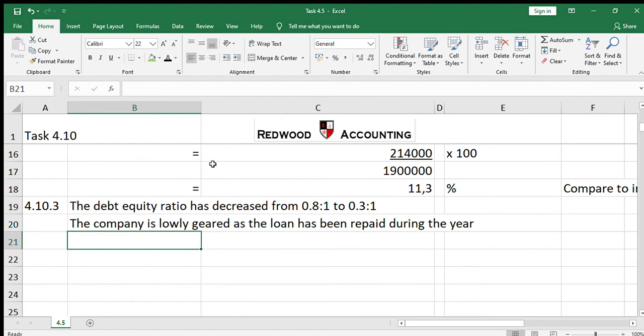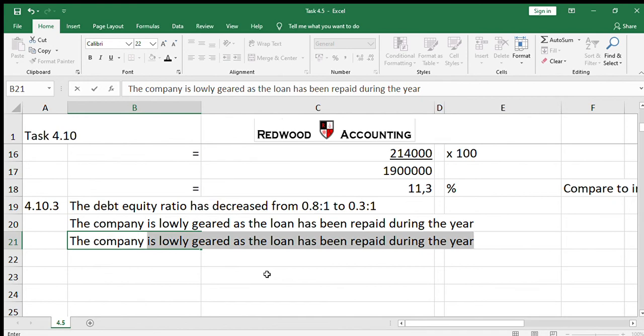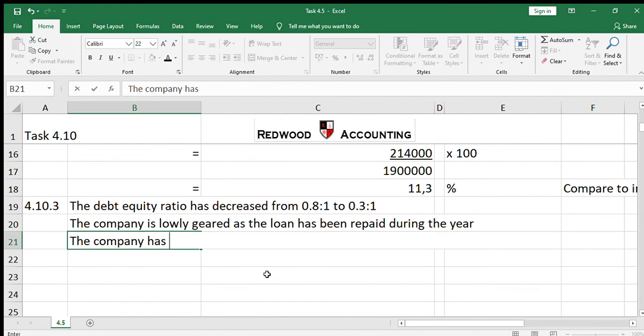We can also say that the company is financed by 30% debt.